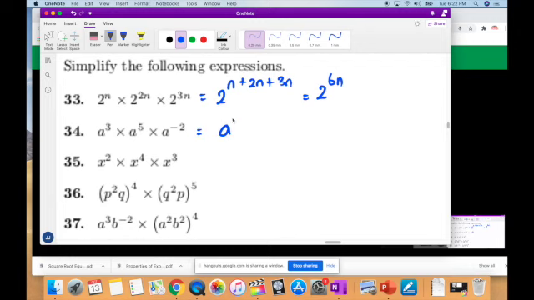We have a to the 3 plus 5 plus negative 2. 5 and 3 is 8. So that's a to the 8 minus 2, which is a to the 6. Anybody got this wrong? Okay. x to the 2 plus 4 plus 3. 4 and 2 is 6. 7, 8, 9. x to the power of 9.